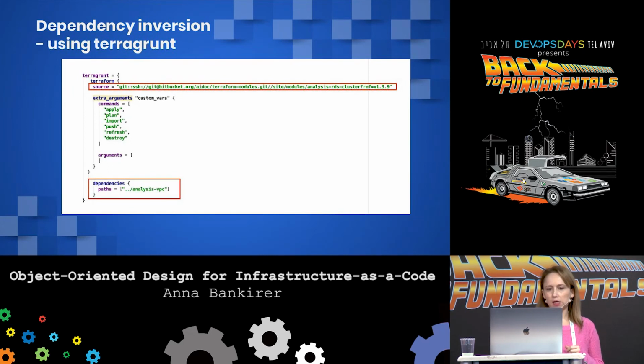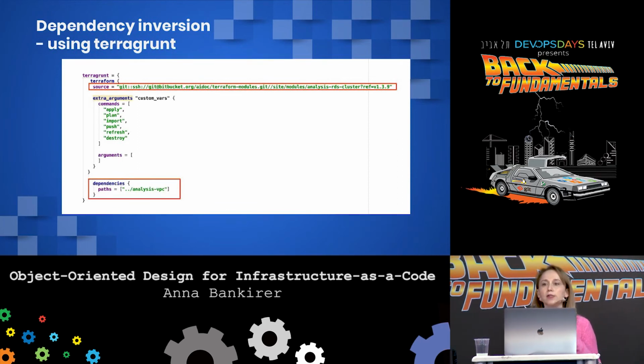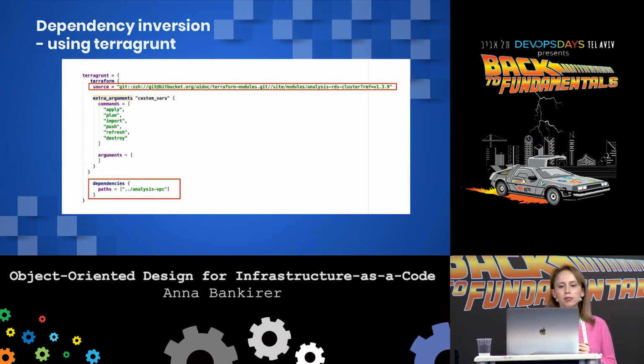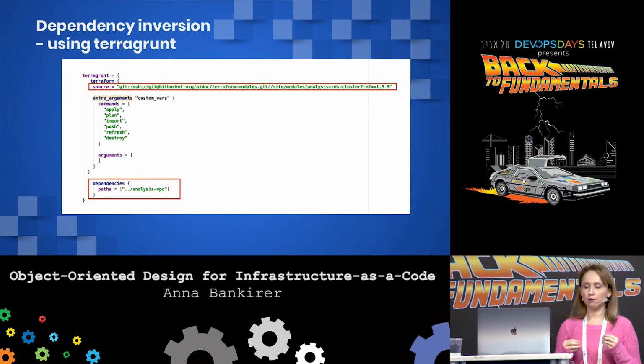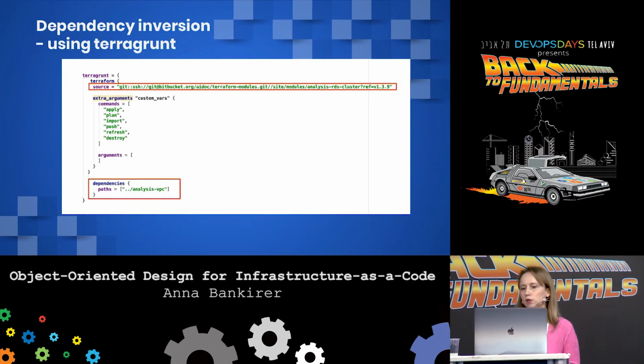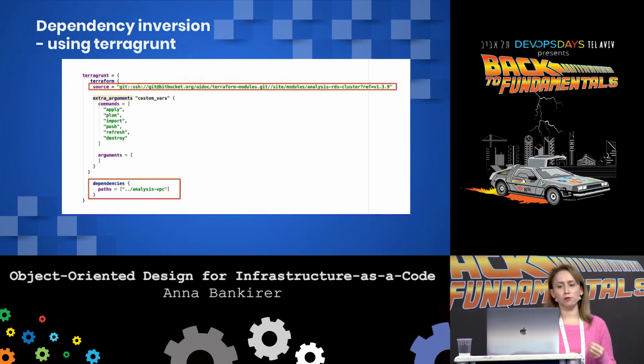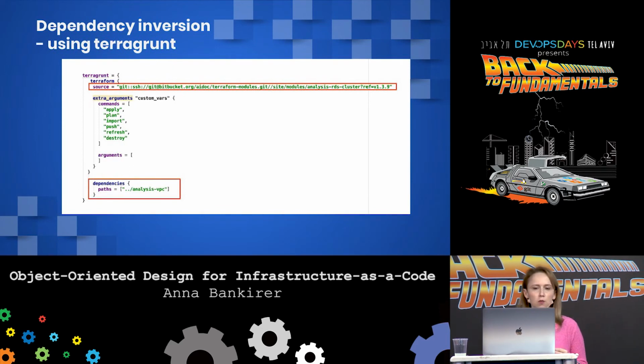And finally, this is a very simple example that demonstrates how you can see dependency inversion in tools like terragrunt or Terraform. And this is the way we deploy. I hope you can see. Well, you probably don't see anything, but this is the way that we deploy our RDS cluster. And we use terragrunt, which is a thin wrapper on top of Terraform. And it makes it much easier to reuse different Terraform modules for different environments, and also make our deployment code much more object-oriented.